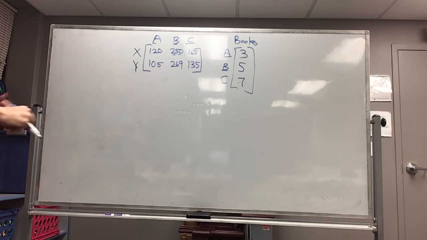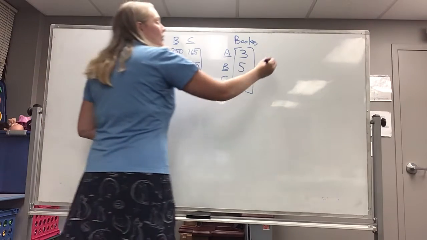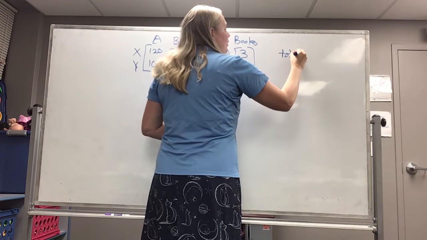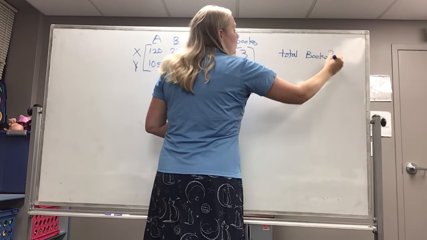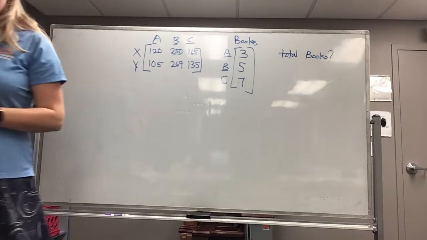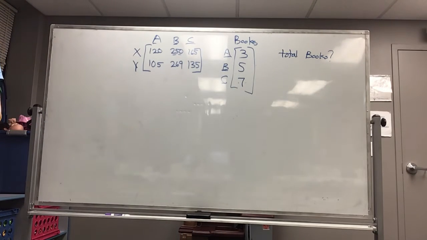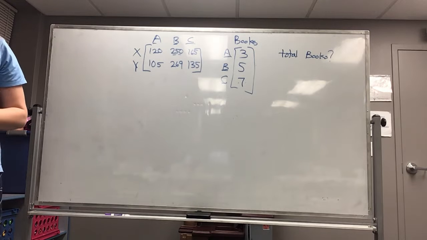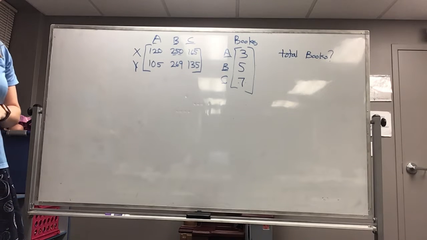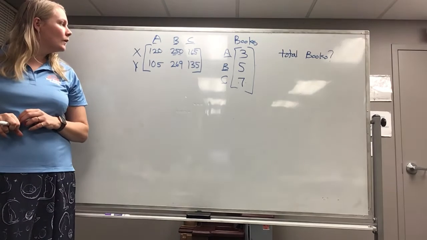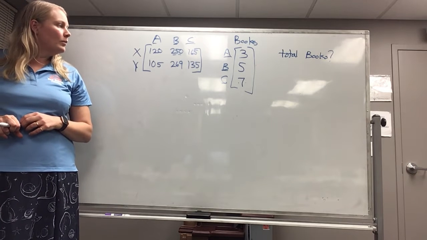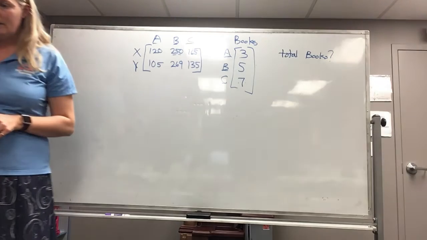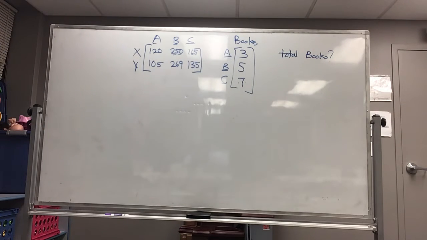And so the question is asking for the total number of books the bookstore needs to order in order to have enough for every single participant in these classes. This will be what kind of problem?